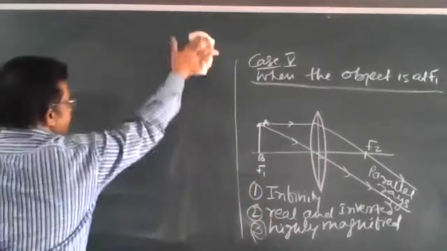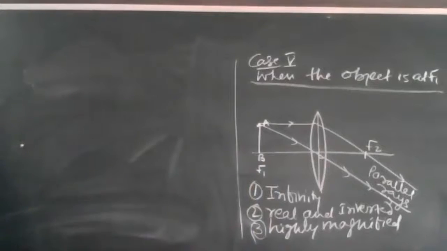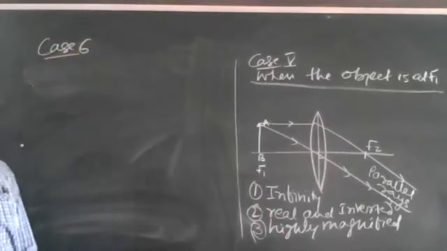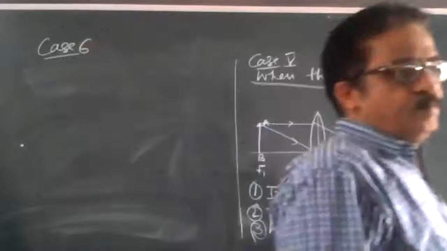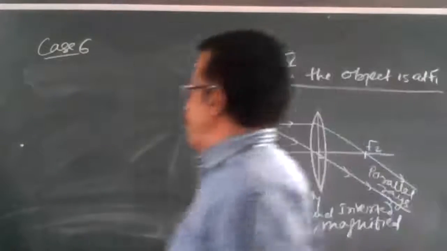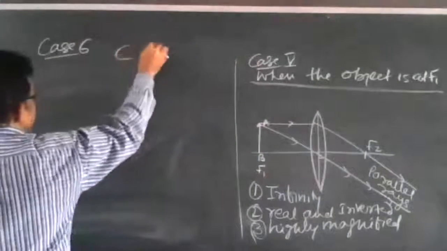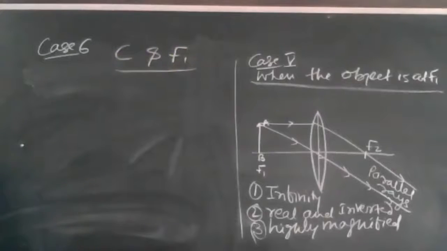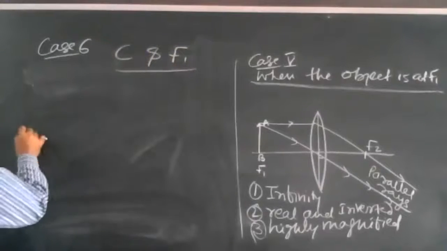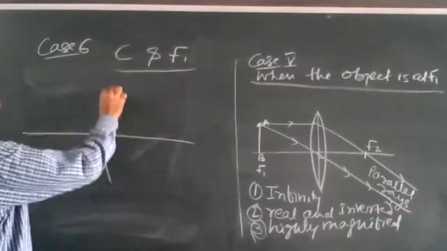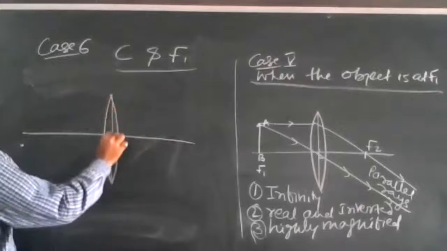Now, case number 6. See case number 6. What is that? Object is in between C and F1, optical center and focus. So we can see here again, look at the board. This is the convex lens. Here is the optical center.